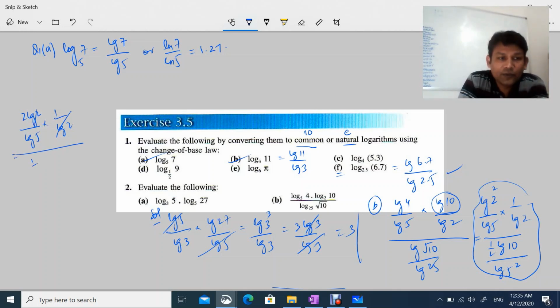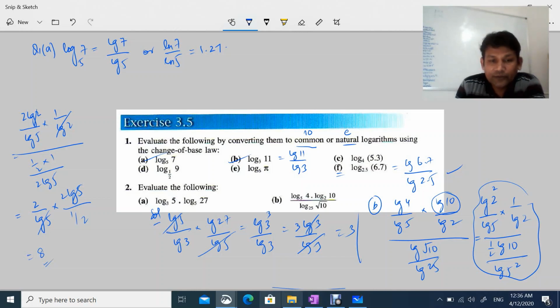Here is 1 upon 2 and lg 10 is 1, divided by 2 lg 5. After simplification, 2 upon lg 5, when I make the division a multiplication, 2 lg 5 will become the numerator and this 1 upon 2 will be here. Lg 5 cancels, 1 upon 2 will become 2 upon 1, and when you multiply it becomes 8. That's the answer.